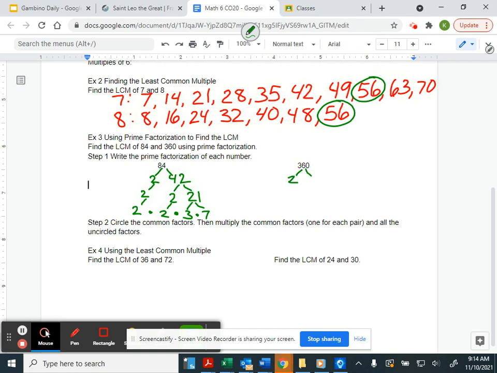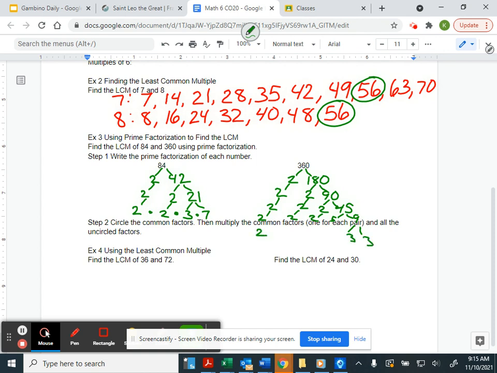360, I can divide a 2 out, and that would be 180. 2 is a prime. 180, I can divide a 2 out, and it would be 90. 2 is a prime. 90 can be 2 and 45. 2 is a prime. 45 can be 5 and 9. 9 can be 3 and 3.